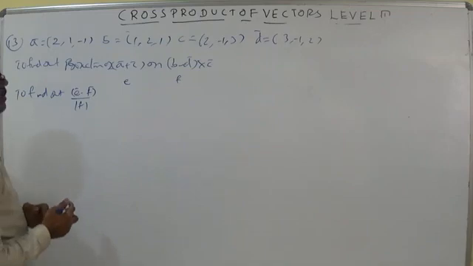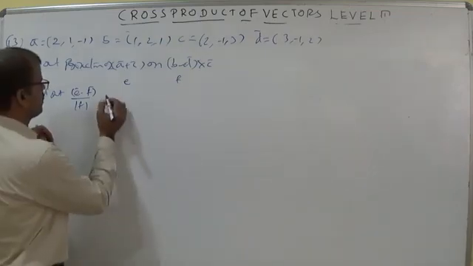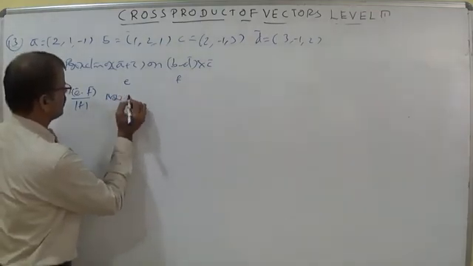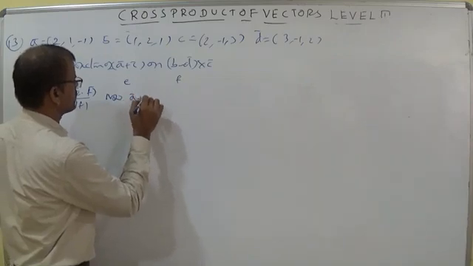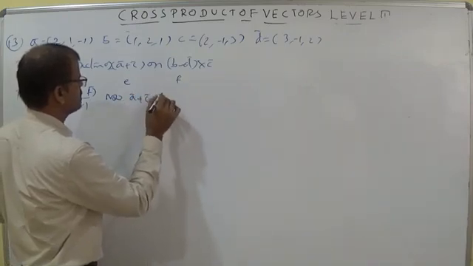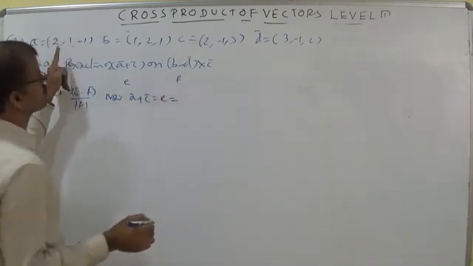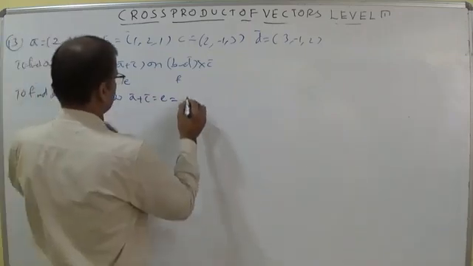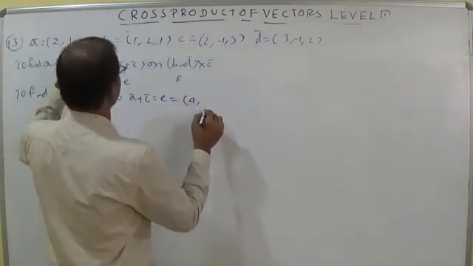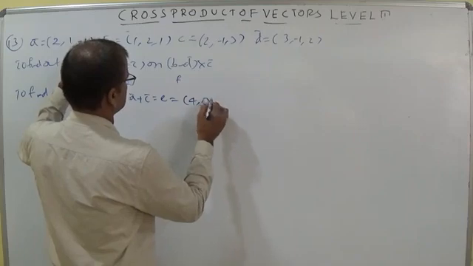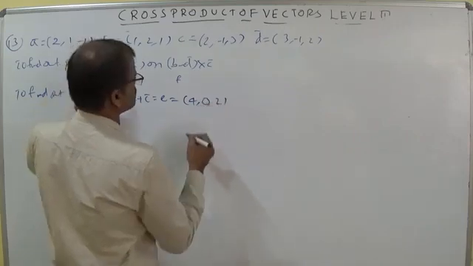So first of all, A plus C, A plus C name we put as E. A plus C value: 2 plus 2 is 4, 1 minus 1 is 0, minus 1 plus 3 is 2.